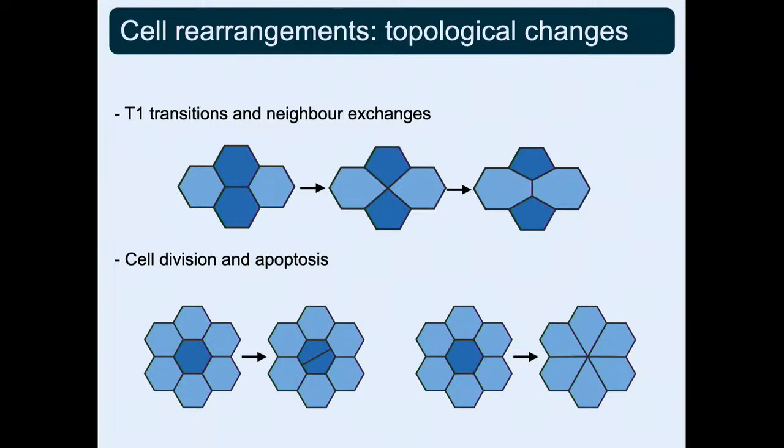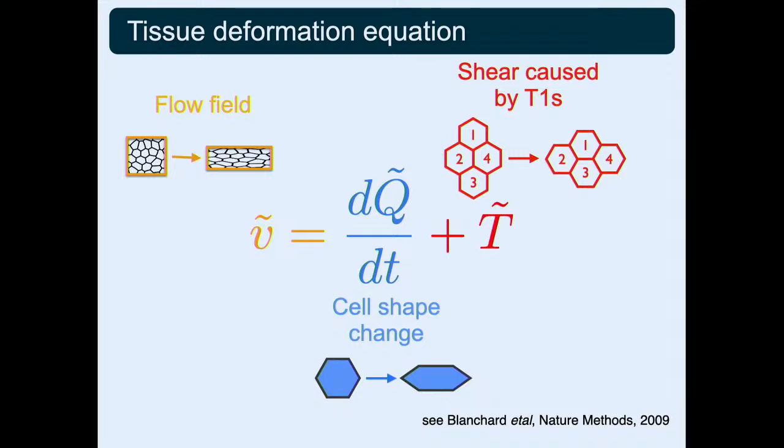So what is the point then? The point is, if I want to write down a kinematic equation for tissue deformation, the rate of tissue deformation is contributed by the rate of cell shape change and these topological changes, which are purely due to rearrangements. If there was no rearrangement, it would be contributed only by the change in the individual blocks.